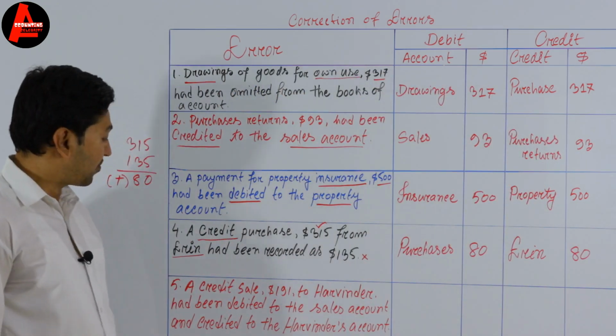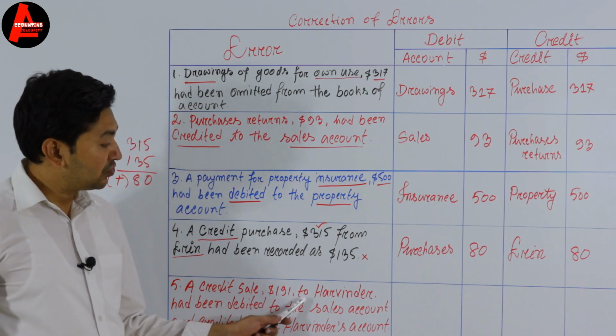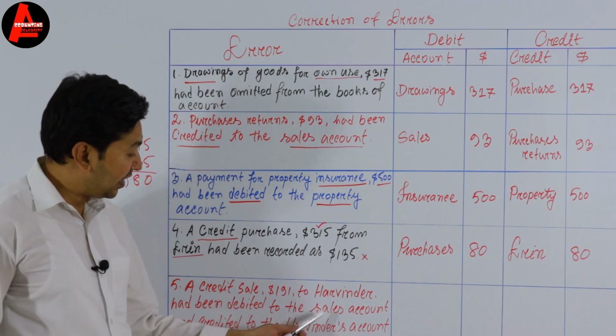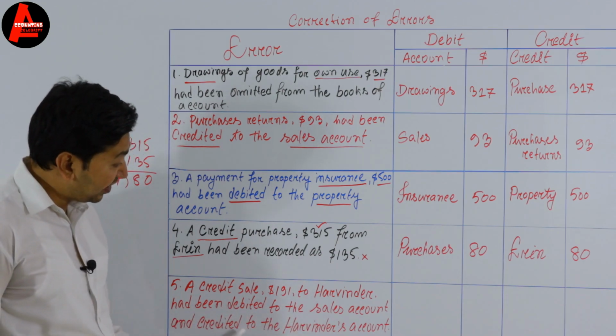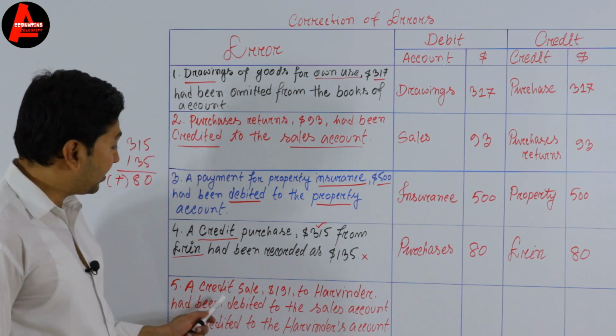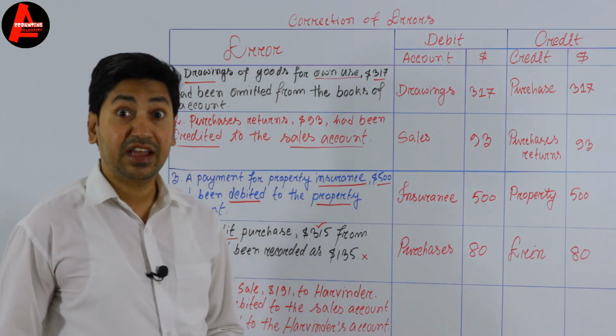Okay, so last one, number 5. A credit sale of $191 to Harvinder had been debited to the sales account and credited to Harvinder's account. Okay, mistake. A credit sale. You already know sales is a revenue.